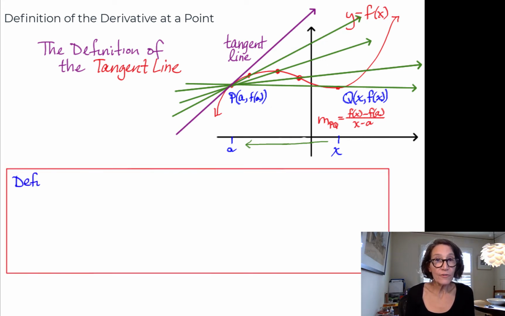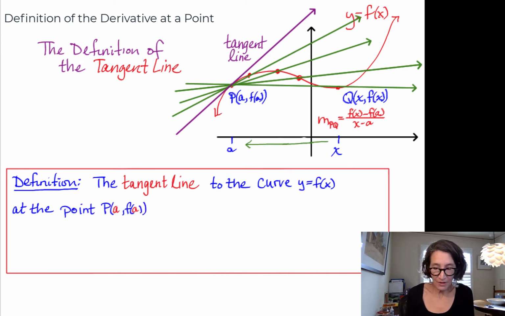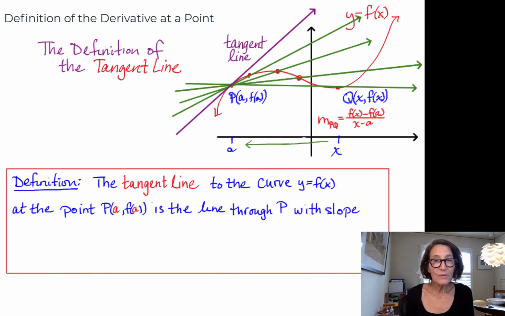So here's the final definition of a tangent line. The tangent line to the curve y equals f of x at the point a comma f of a is defined to be the line through that point whose slope is the limit as x approaches a of f of x minus f of a over x minus a.